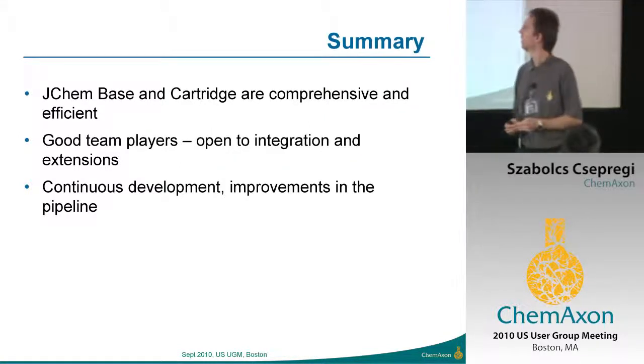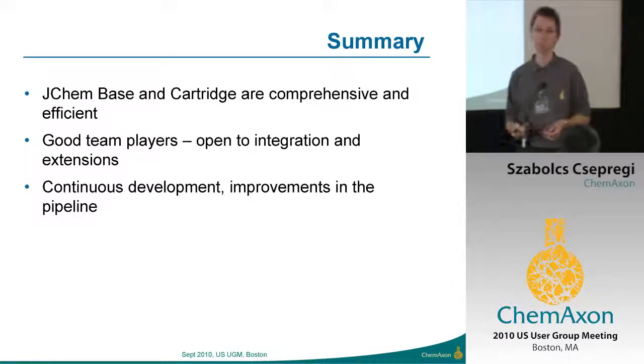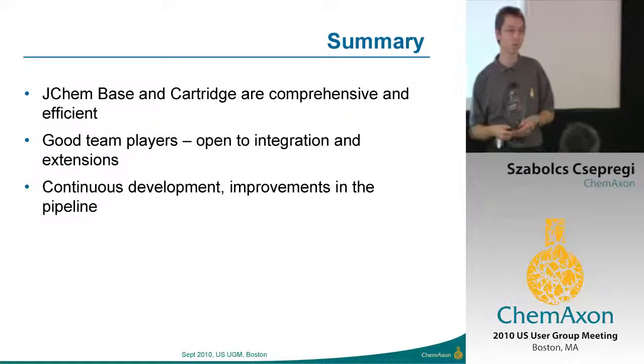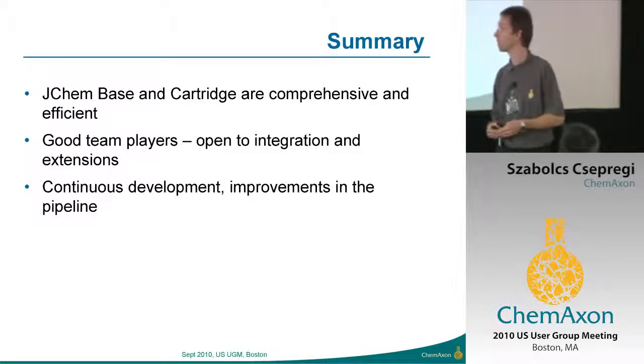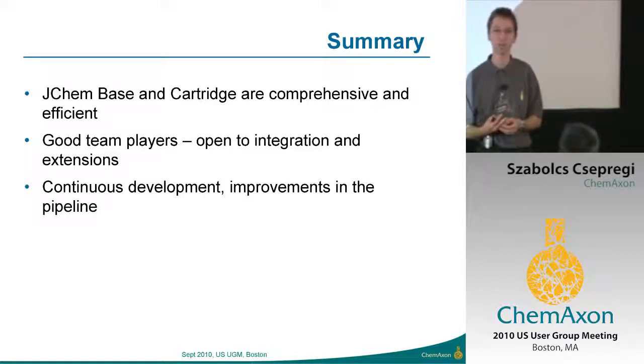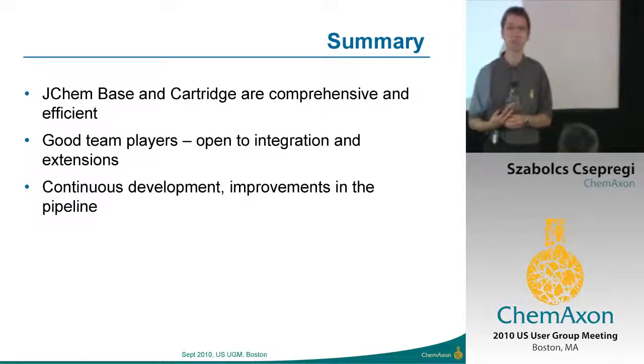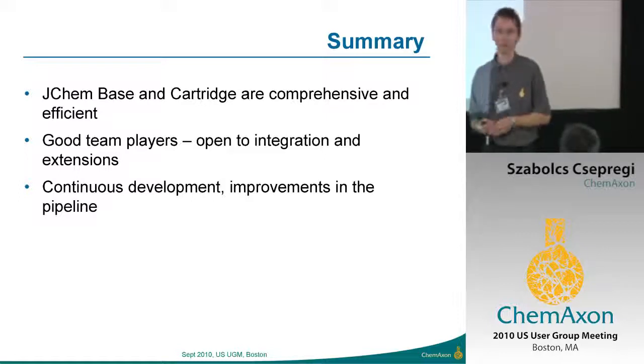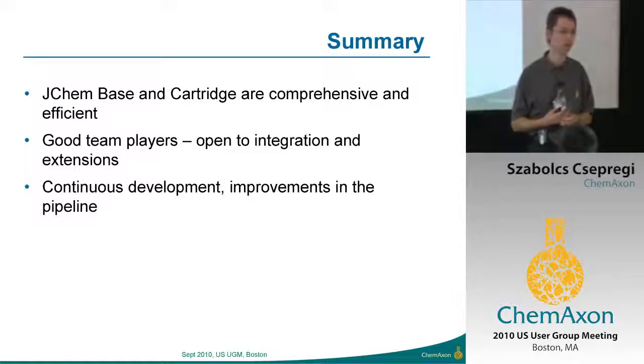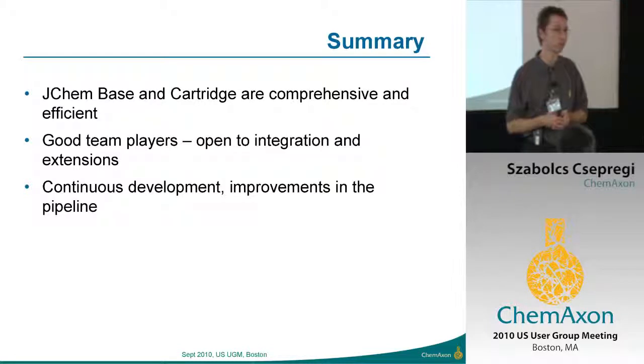And there is continuous development and improvements still in the pipeline, and some have been added in the past few years. Thank you for your attention, and I'm ready for your questions.